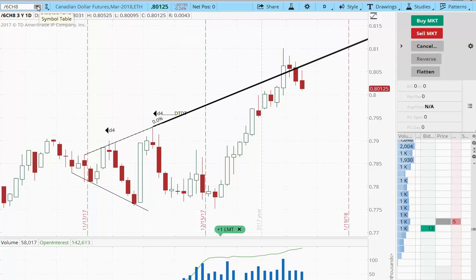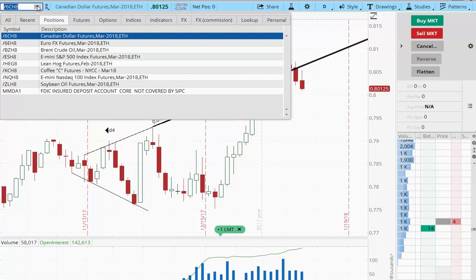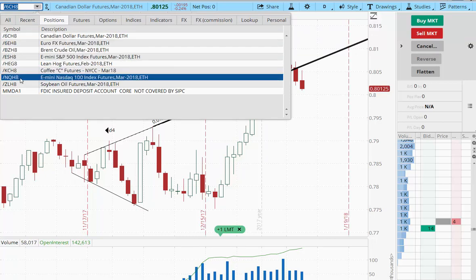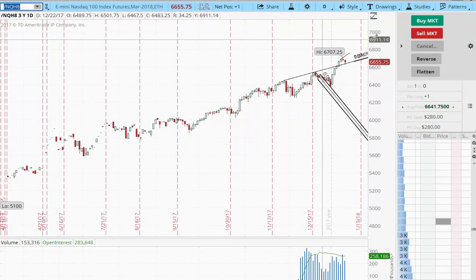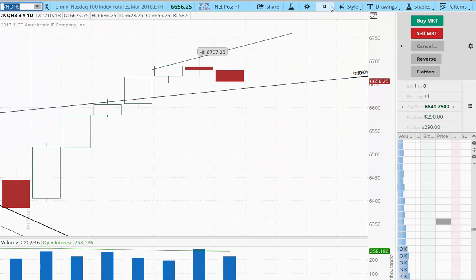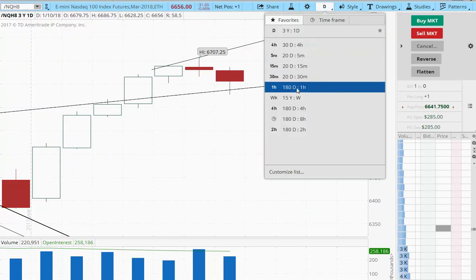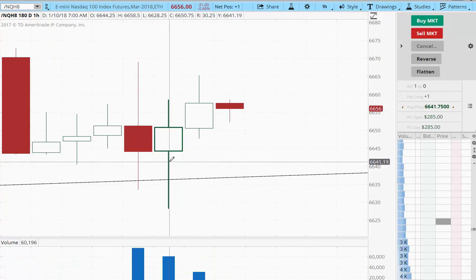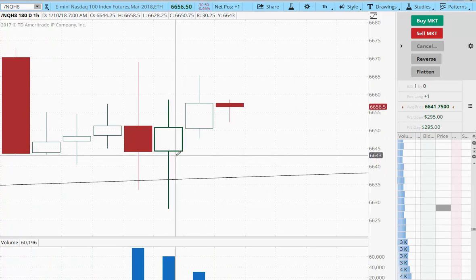Okay, so let's take a look at some other trades that are on right now. Here's the NASDAQ, very simple. Let's look at the hourly so we can see. 66.41.75. That would be about here.